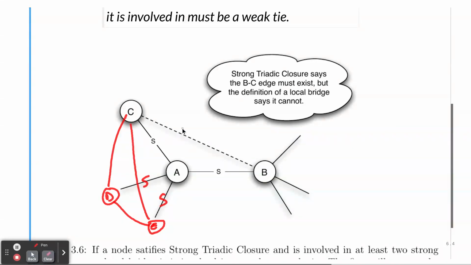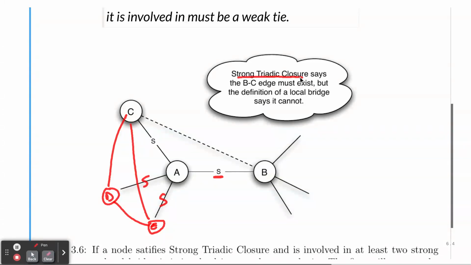Now, what this figure is showing is that if A and B are our proposed local bridge and they have a strong connection here, then it's not possible to be a local bridge, because A is connected to C via a strong edge, and it's connected to B via a strong edge.